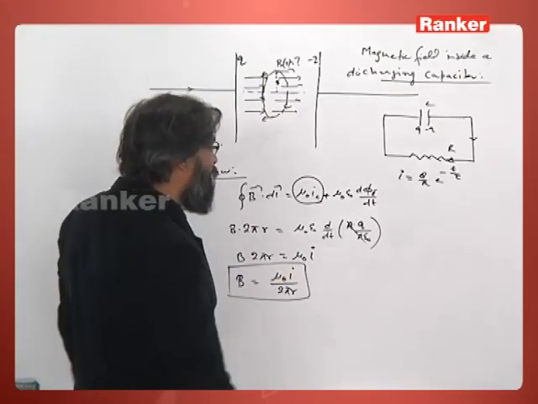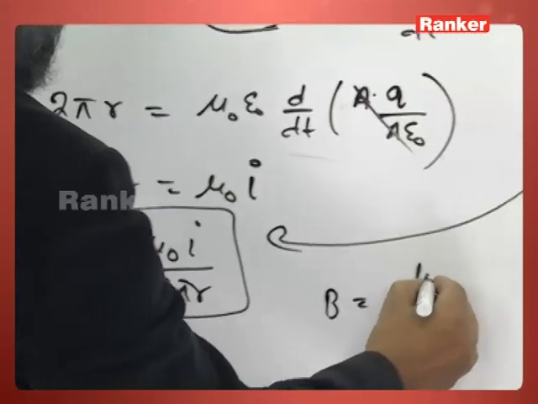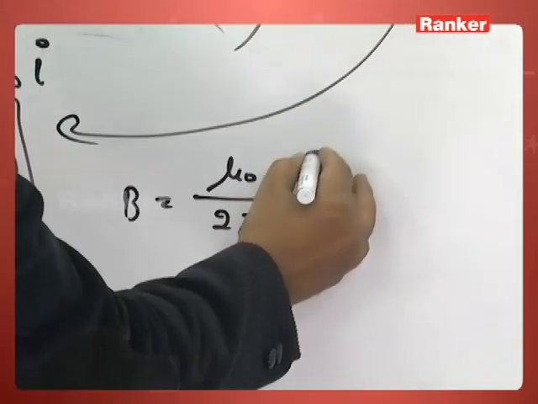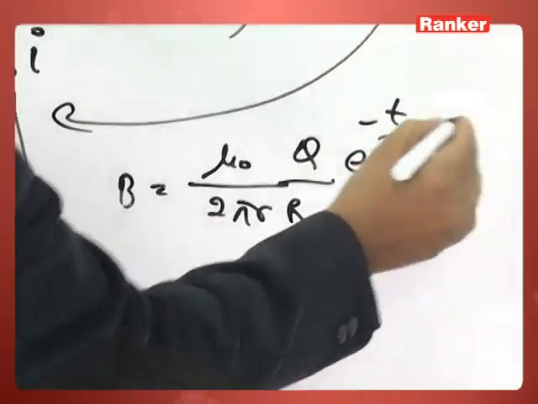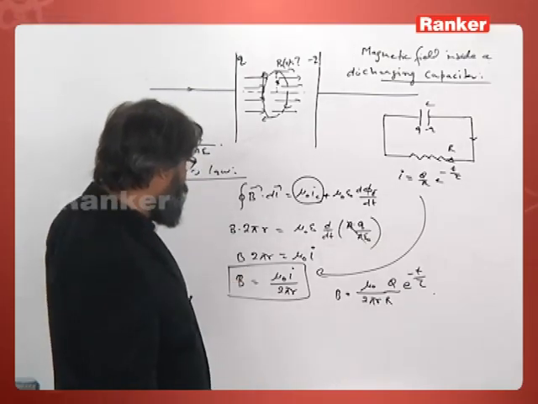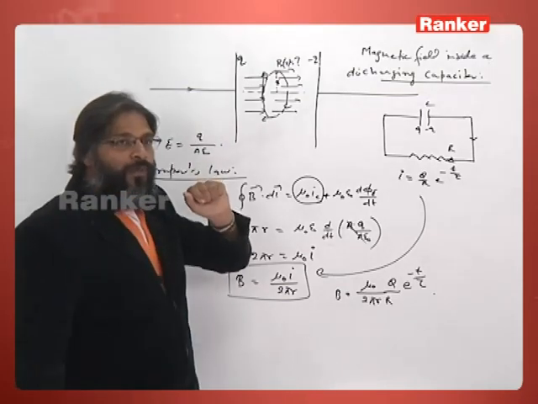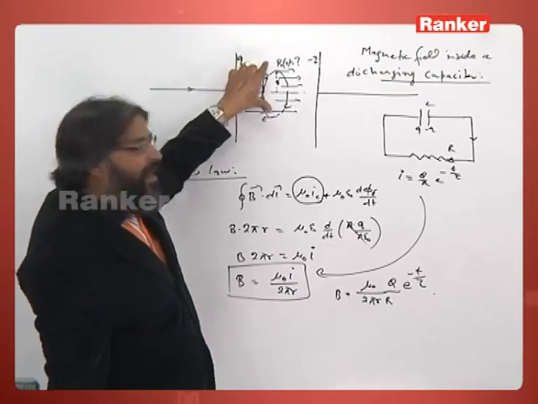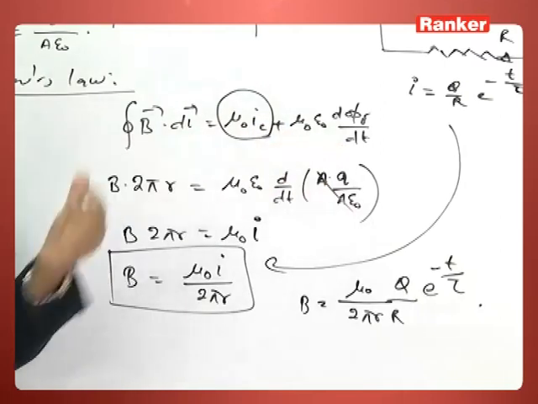We want to know what is I. I can be substituted from here. So we have mu naught by 2 pi r, and I is Q by R, e to the power minus t by tau. So here you see, we are able to calculate the field within this charging or discharging capacitor with the help of displacement current.